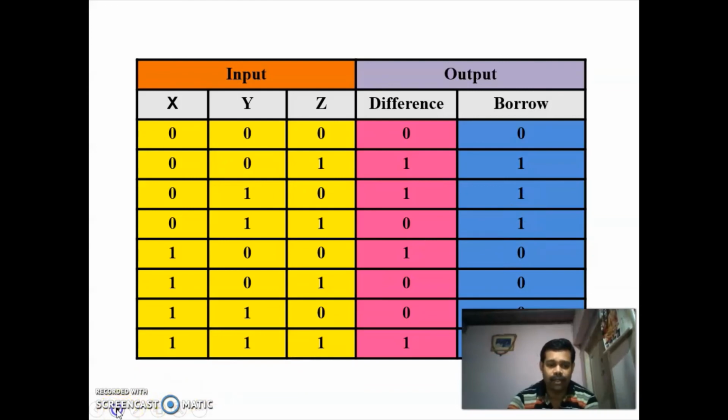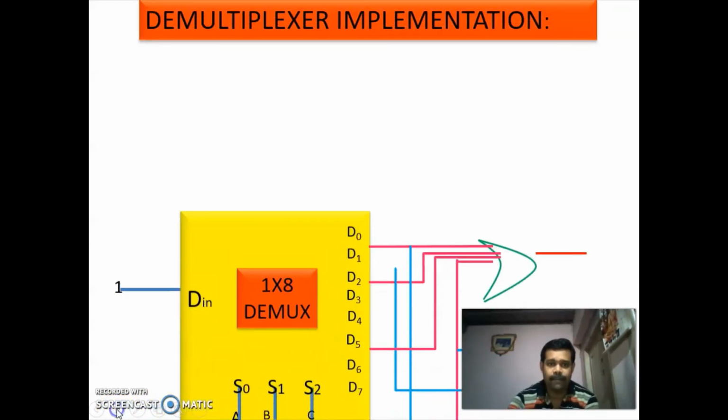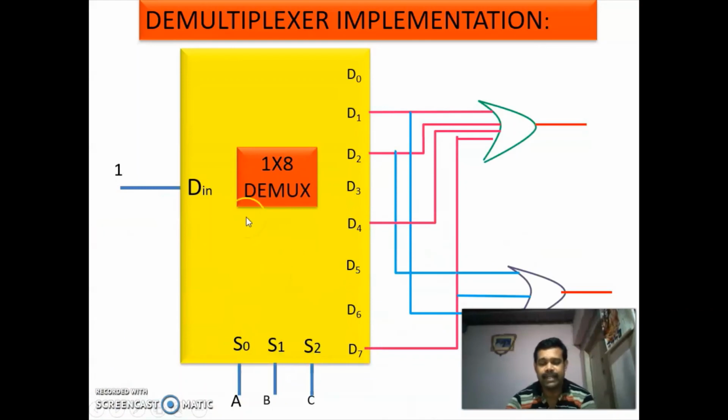Now you draw a demultiplexer which has only one input. This is a 1 to 8 demultiplexer. So it has one input, 3 select lines and 8 outputs. In these 8 outputs, for difference you have 1, 2, 4 and 7. These pink color lines are 1, 2, 4 and 7. You take them and give them to an OR gate, and that output will give the difference.